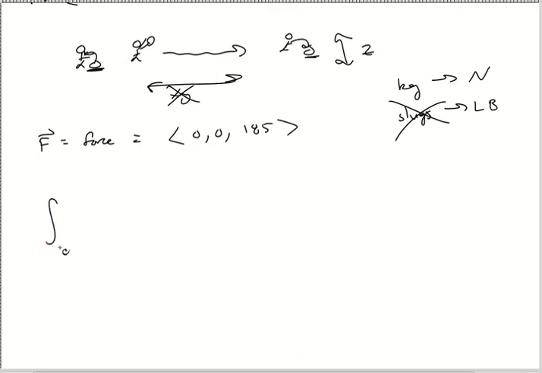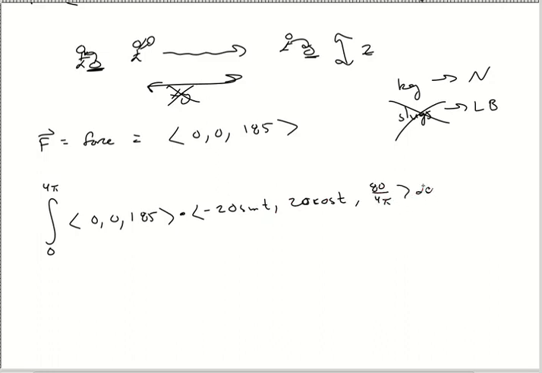Let me go ahead and do this problem. So we're going from 0 to 4 pi, and my force, in this case, is 185 in the z component, my up and down component, and then my r prime would be negative 20 sine, 20 cosine, and then, of course, 80 over 4 pi. Remember that this was r prime.